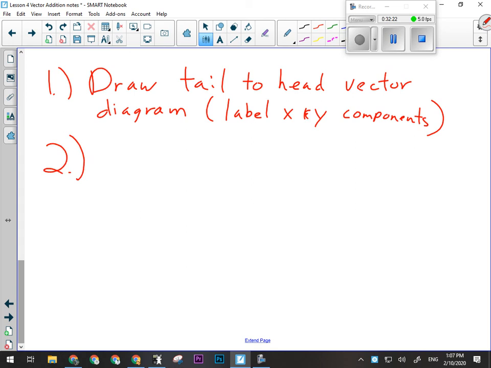Your second step, solve for all the x and y components.